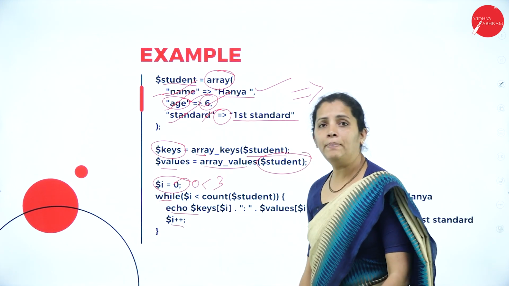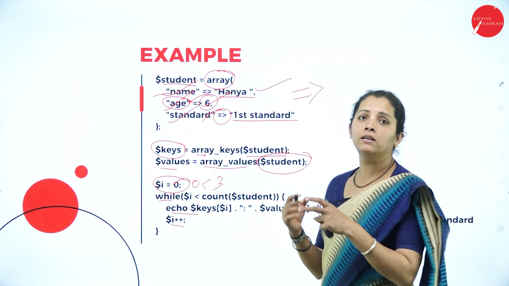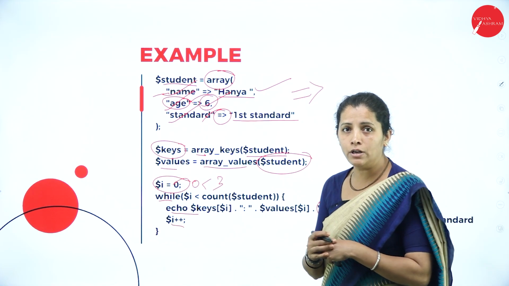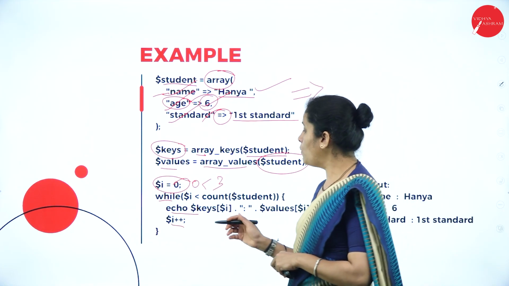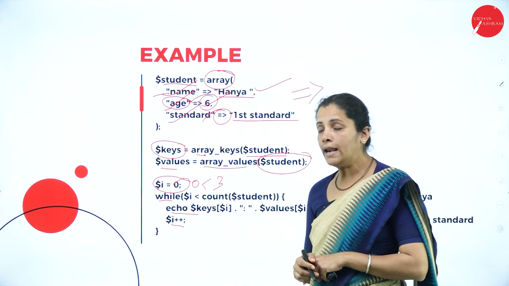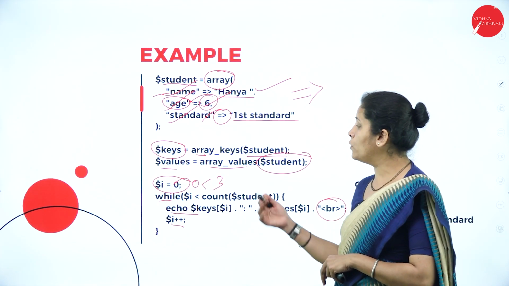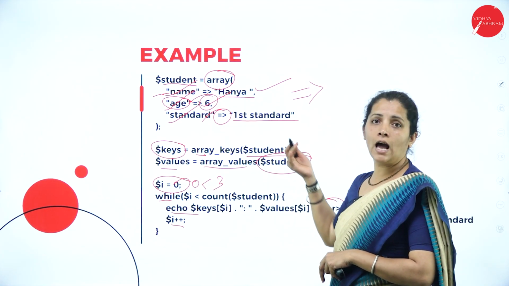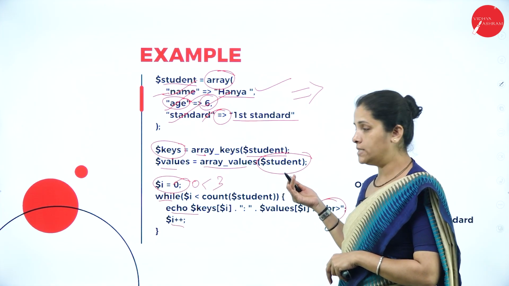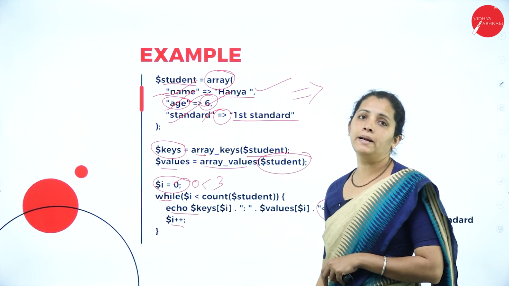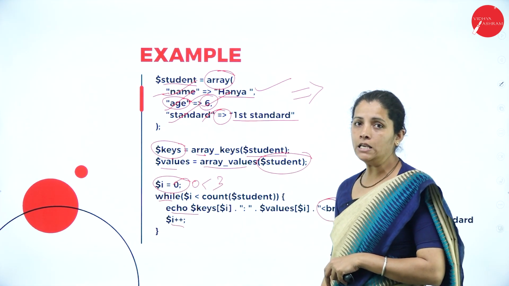Now i++, in the sense that I want to get the next record, so I'll increment i by 1. Now what is i? i is 1. 1 less than 3 is true, so I'm going to print the age along with the value 6. Now I'll increment i by 1. Now i is 2.